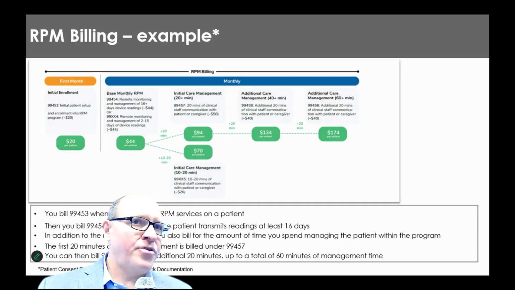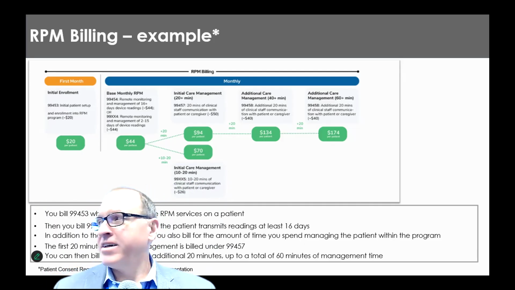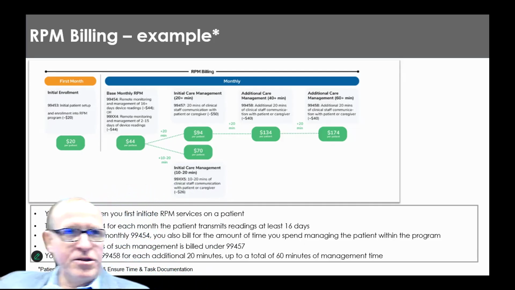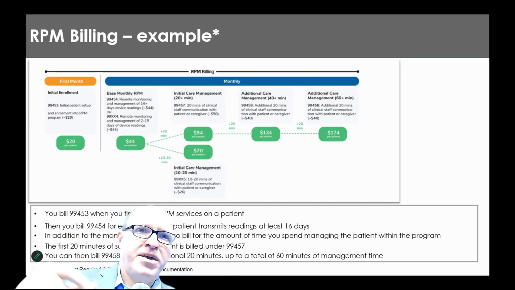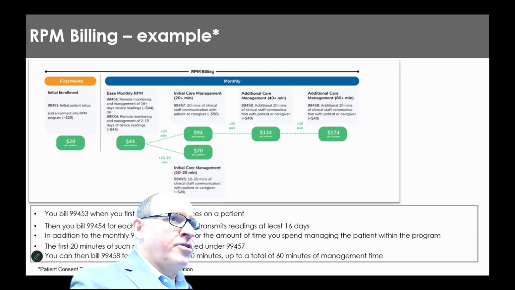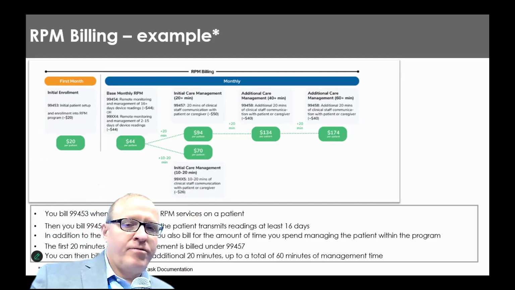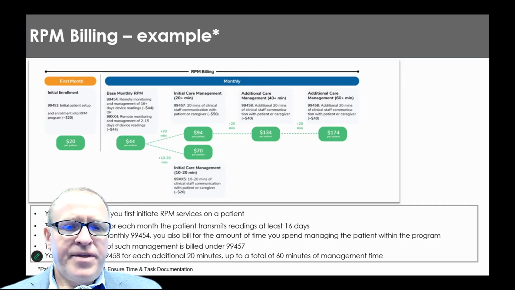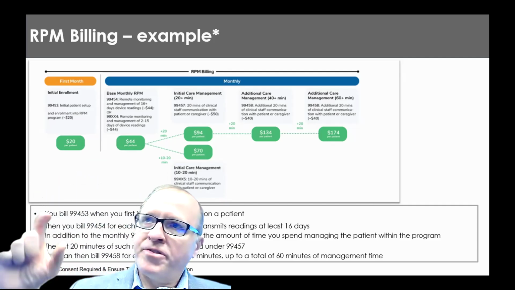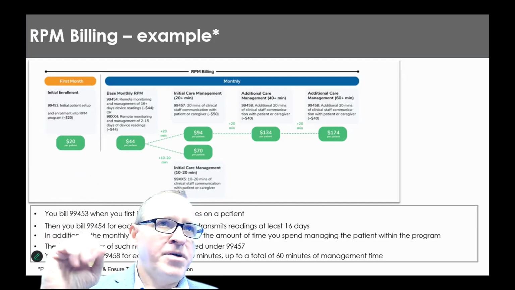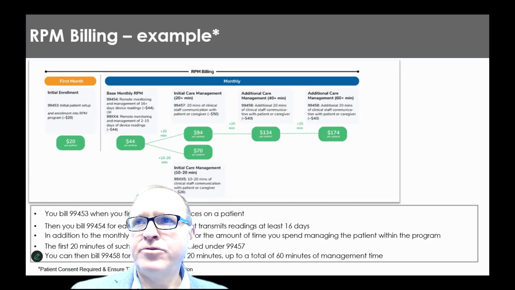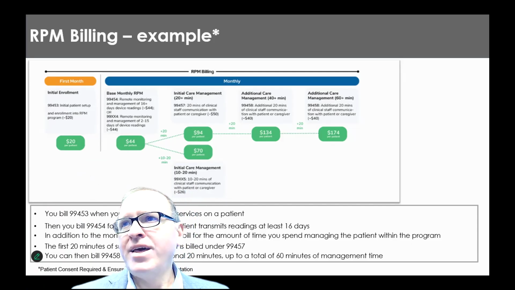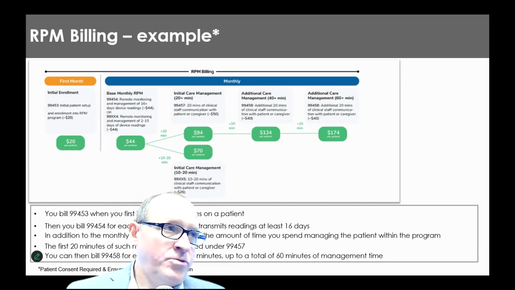Those 10 minutes a month, I'm not able to recognize that revenue. In 26, once these codes are established, you'll be able to bill for that extra increment short of the second 20 minutes. And again, you can bill that 20-minute packet of time up to 3 times, so you can spend up to 80 minutes in any given month working with a patient if you need to.